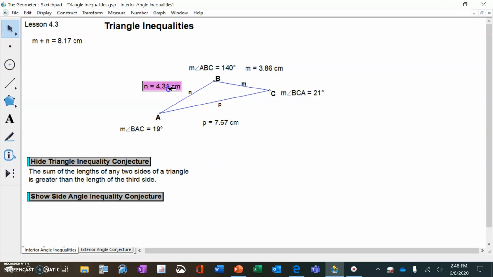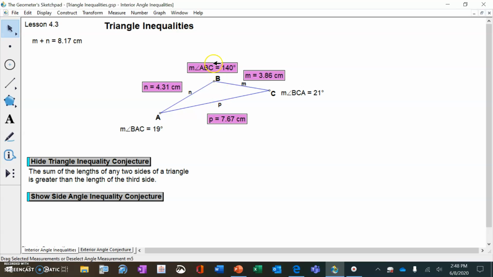Okay, so now I have these all situated nicely. I'm going to look at the biggest angle. Now I'm going to look at the three sides. The three sides are 4.31, 3.86, and 7.67.